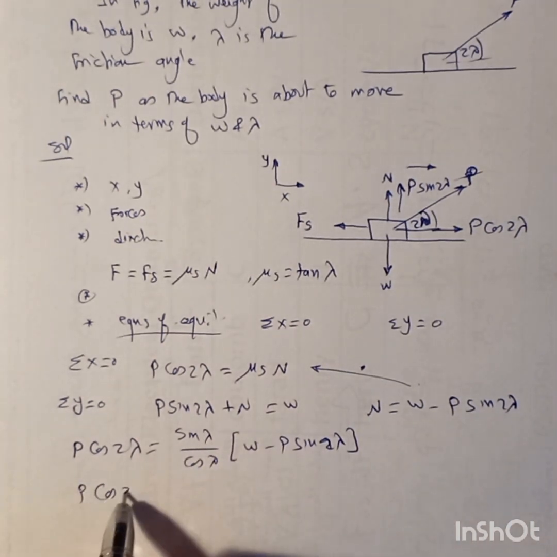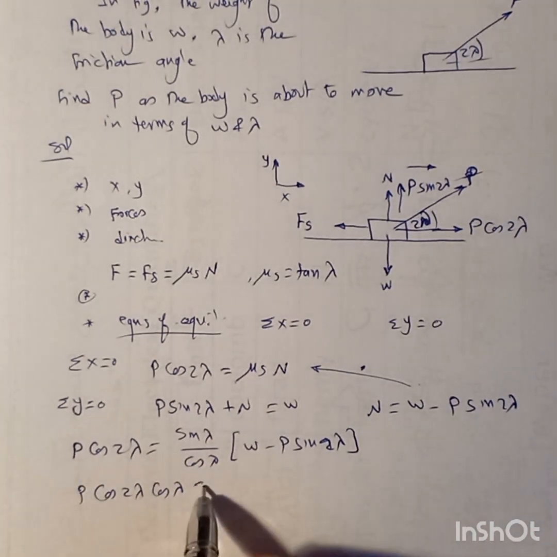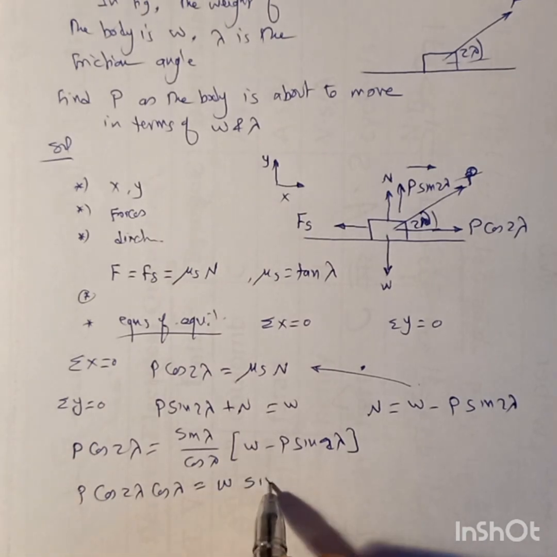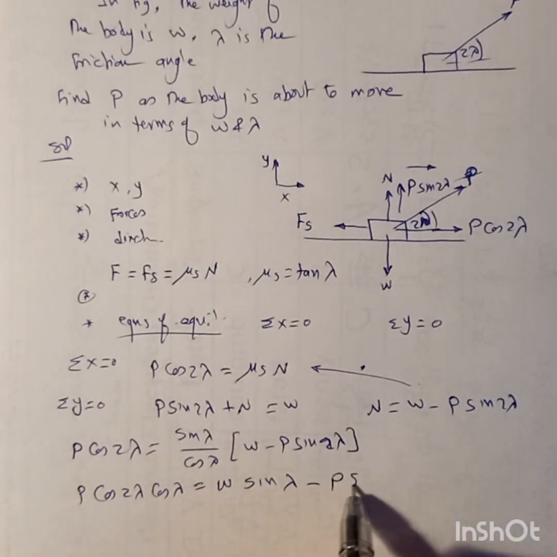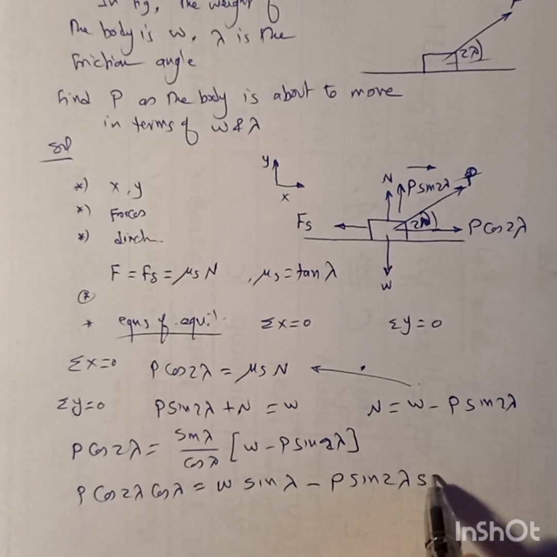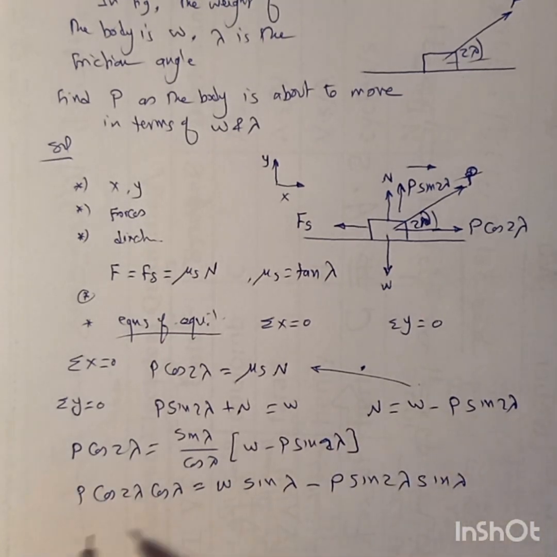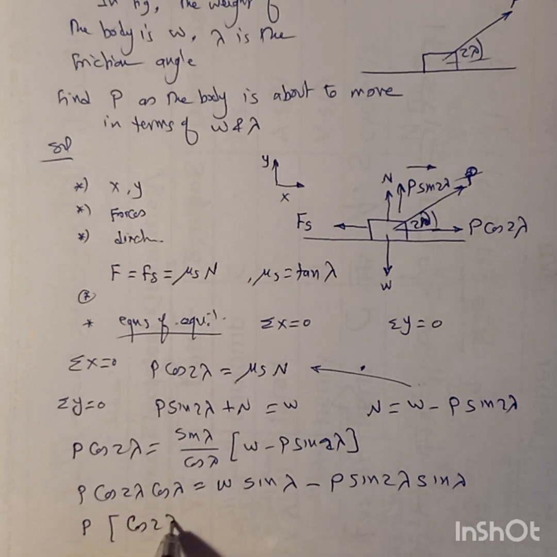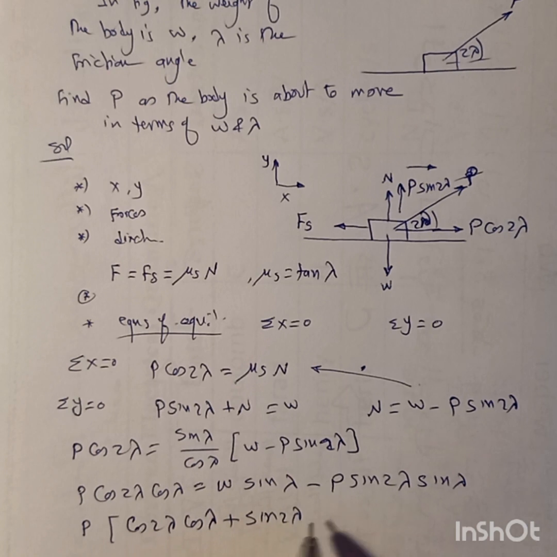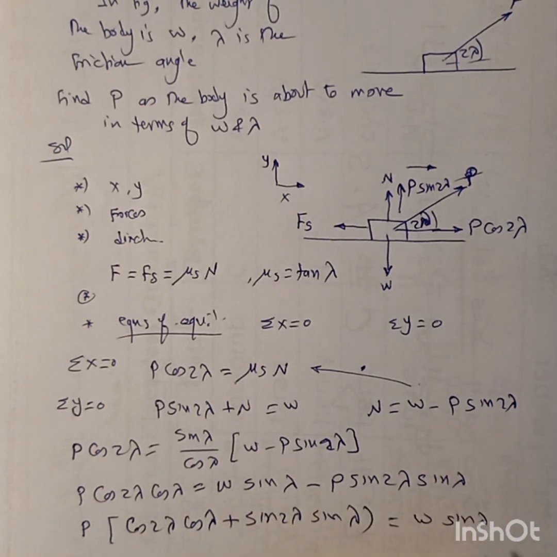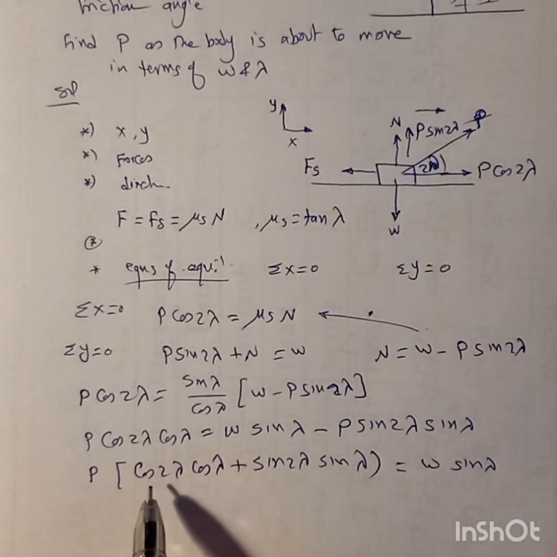Then we have P cosine 2 lambda cosine lambda equals W sine lambda minus P sine 2 lambda sine lambda. We'll move this to this side. Then we have P as a common factor: P times cosine 2 lambda cosine lambda plus sine 2 lambda sine lambda equals W sine lambda.